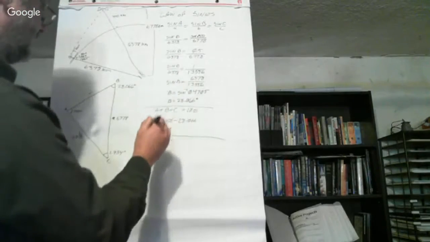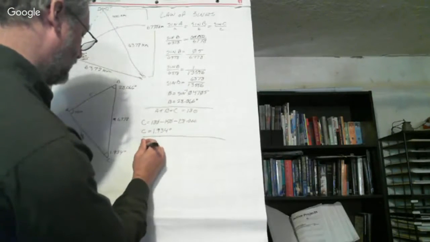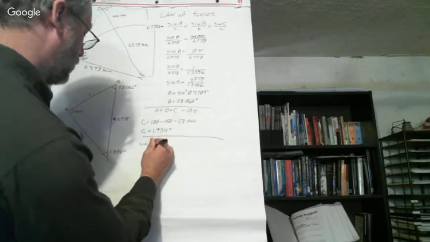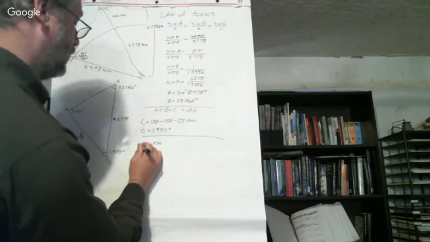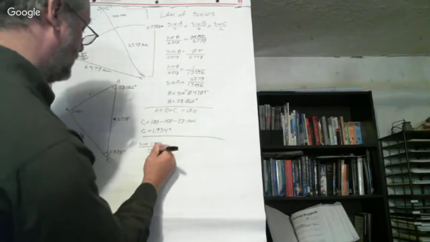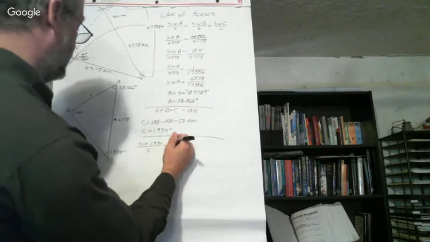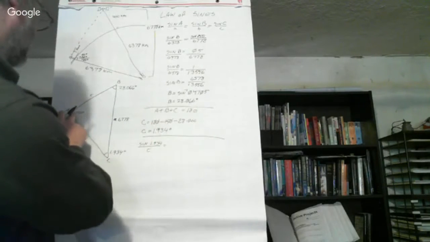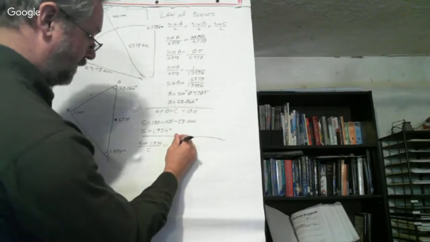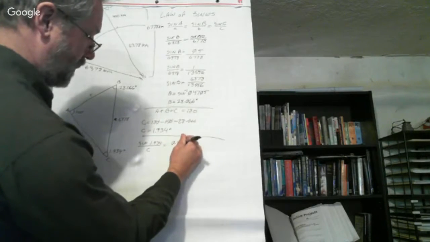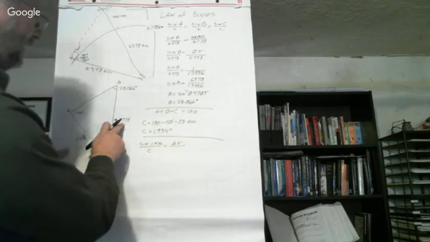Law of sides dictates that the sine of C, which is sine of 1.934 over C is equal to the sine of 150, which we already know is 0.5, over this here, 6,778.